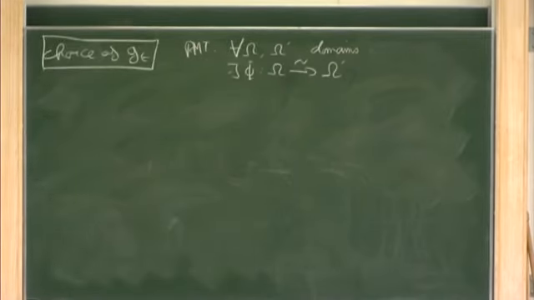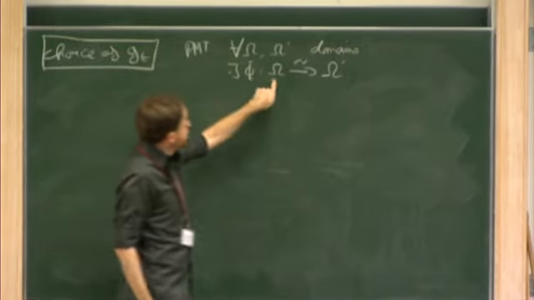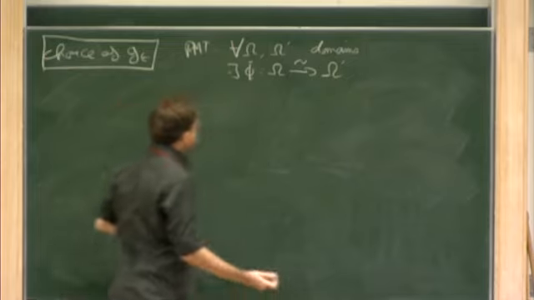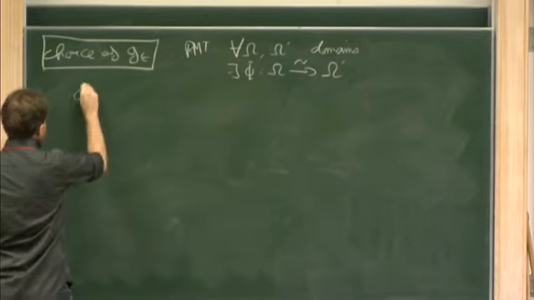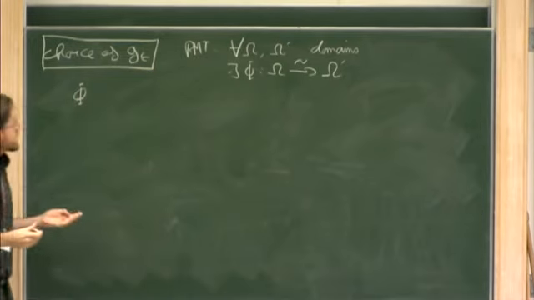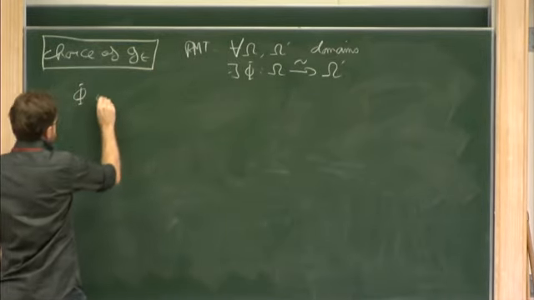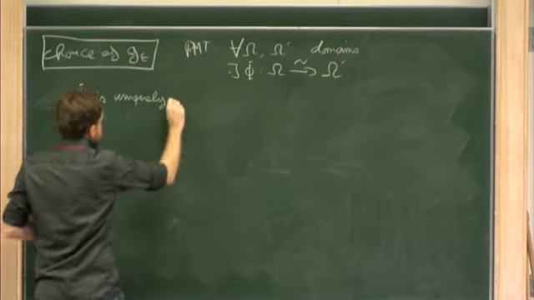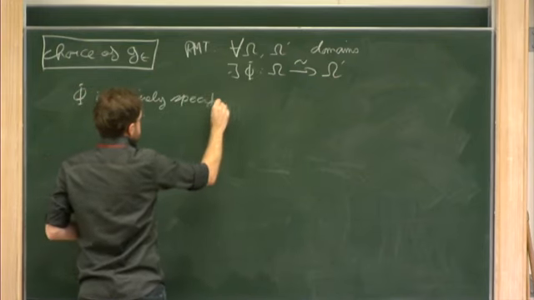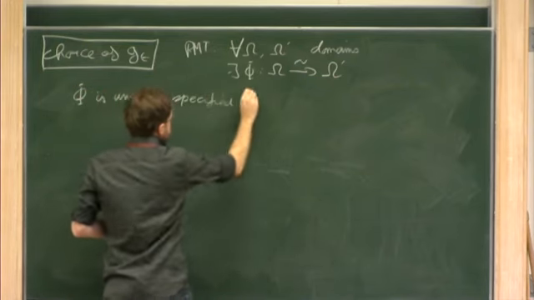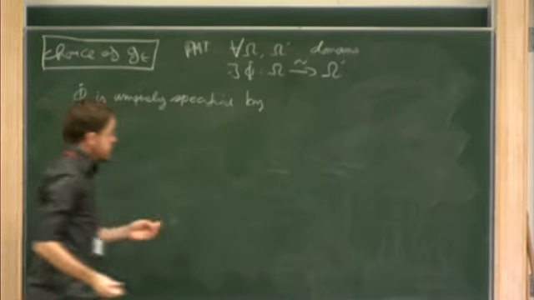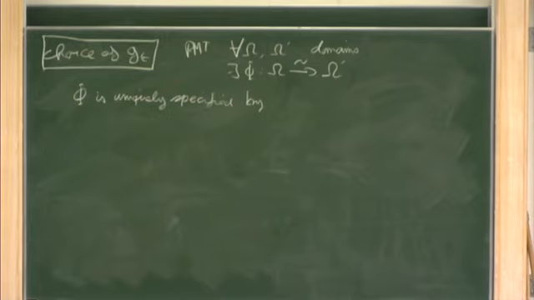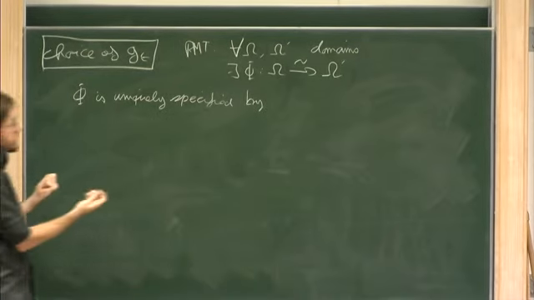And in fact, there are quite a few of them. There's a 3 real parameter family of phi, which are conformal between omega and omega prime. So there are essentially 2 ways to make phi unique. So phi is uniquely specified by essentially giving 3 real conditions.